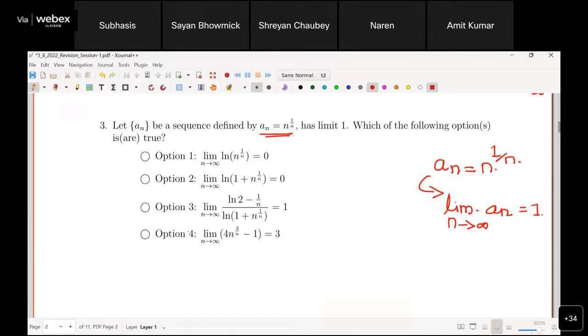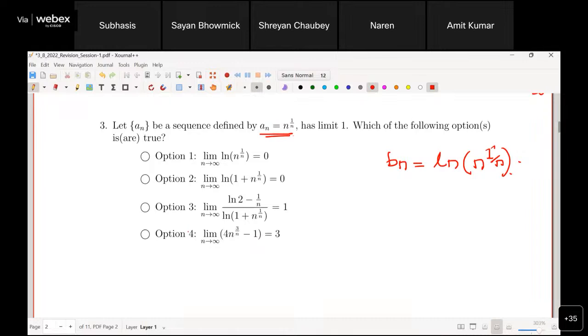Using this information, you need to find the correct option. If this is true, what can be the possible limit of the sequences given in these options? Can you tell me about option 1? In option 1, my sequence, let's say bn, is ln of n power 1 by n.